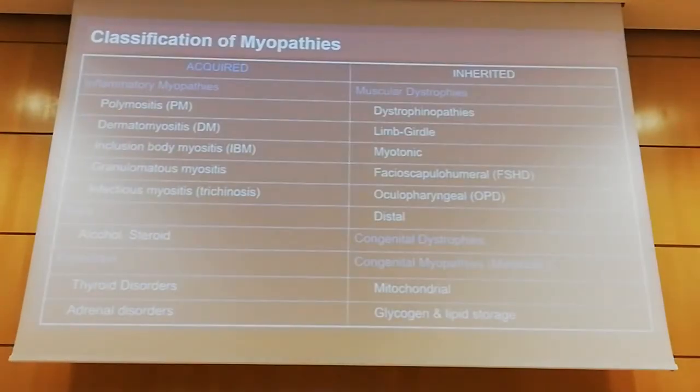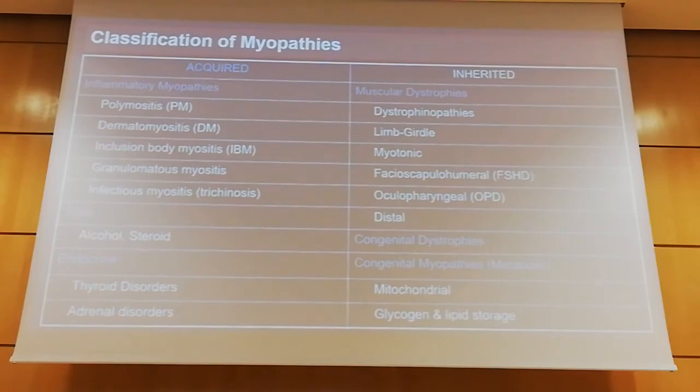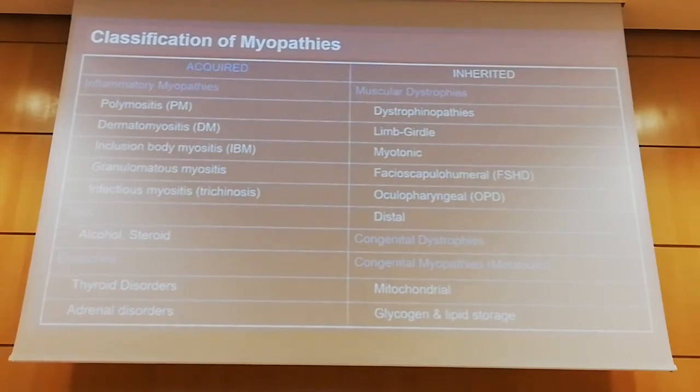This is a list of the myopathies in general that you may find yourself having to diagnose. For example, inflammatory myopathies, and we're going to be talking about a couple of them today. Those are most likely to be autoimmune in nature. The presumptive etiology is autoimmune. Toxic, there is a starting point with alcohol or steroids.